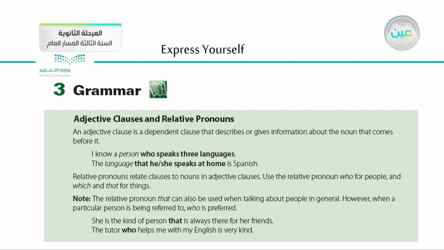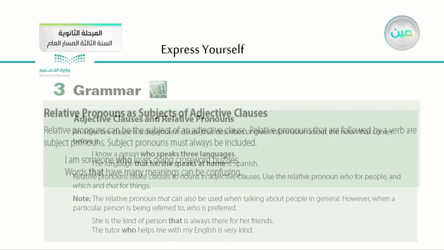And the relative pronouns that we focused on were which and who. We said that which refers to animals or things, while who refers to people. And that can replace both of these two relative pronouns.